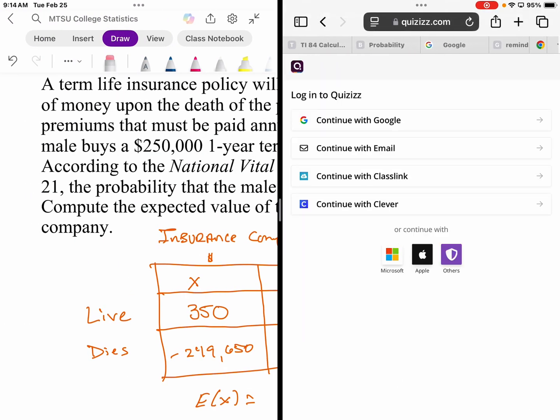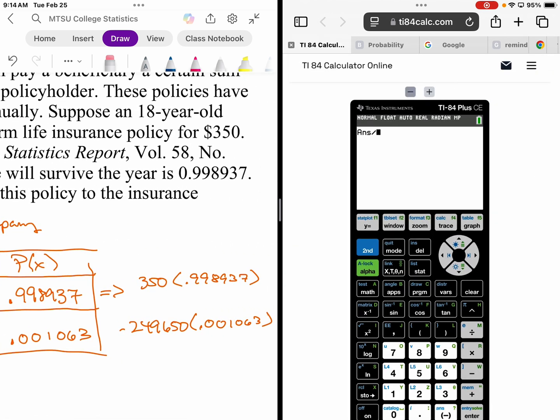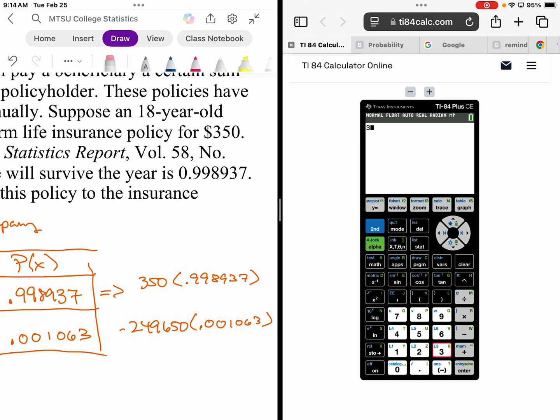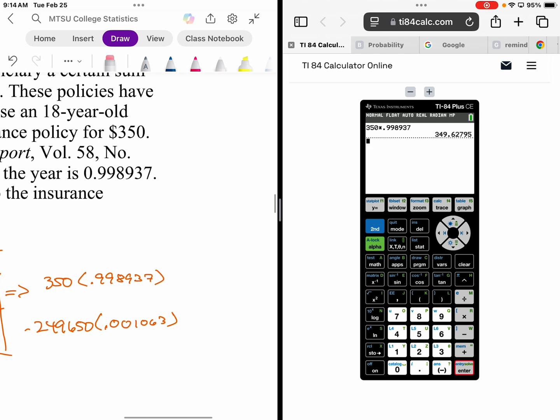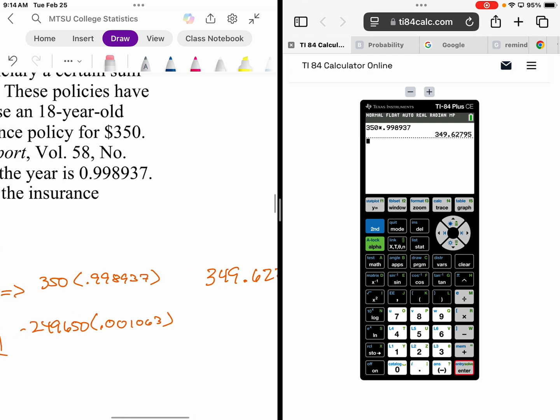So as I get my TI calculator, there we go. 350 times 0.998937. Again, I'm going to round at the very end. That gives 349.62795. Now I do the next part: negative 249,650 times 0.001063. That looks good.